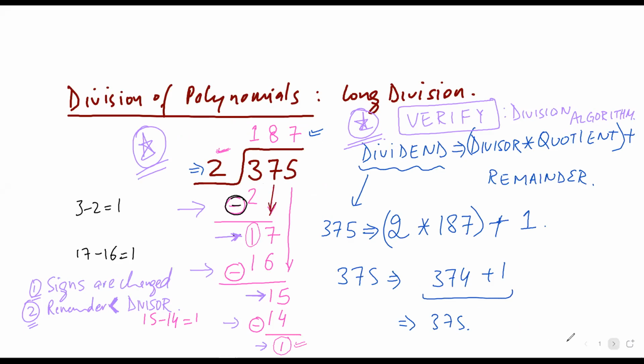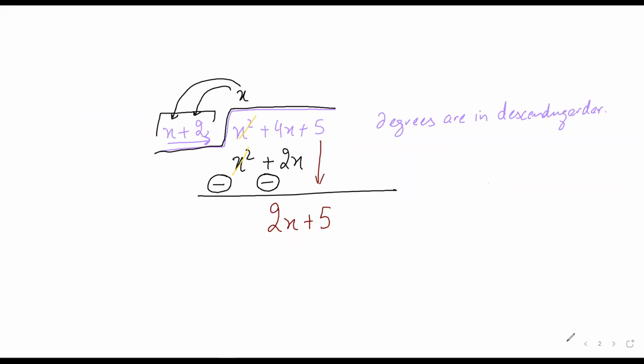Any doubt till here, Sarthak? No, sir. Okay. Now, again, this step will repeat itself again. Using this x, I will be eliminating this 2x. Have you understood? Yes, sir.